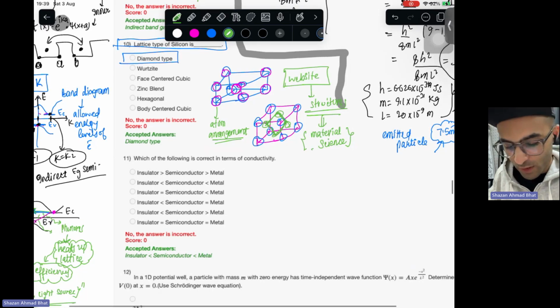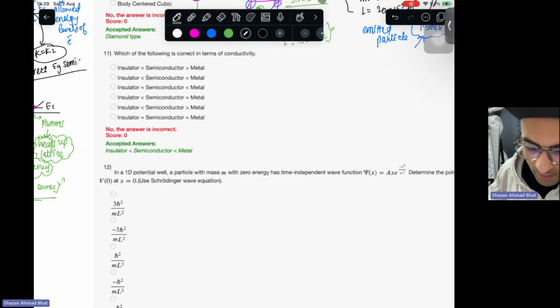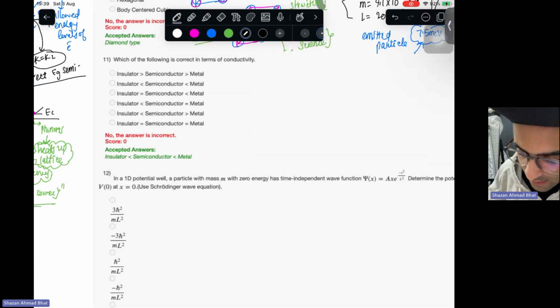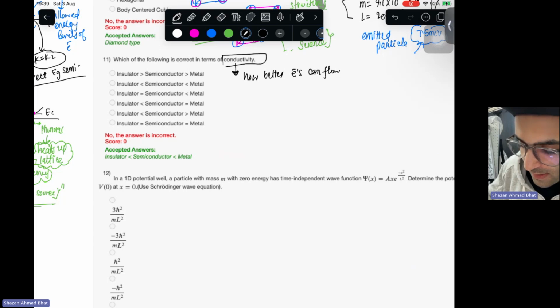Okay, let's move to the other question quickly. Which of the following is correct in terms of the conductivity? Conductivity is how well electrons can flow inside a material.